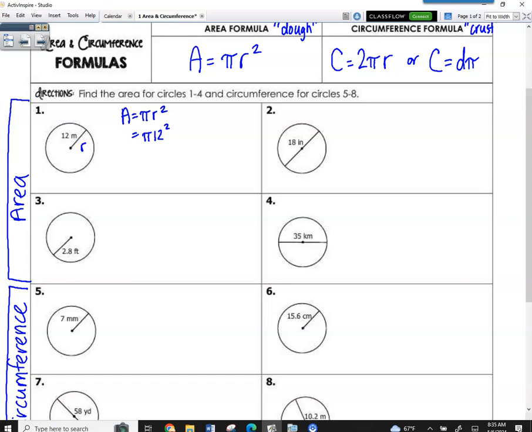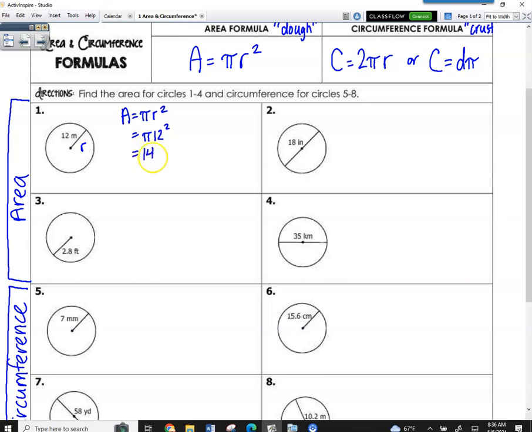In terms of pi, that phrase, in terms of pi, means you can see the pi symbol in your answer. It means that you never actually type the pi in the calculator. It means you can do this part in your head. You're just evaluating the numbers. What's 12 squared? 144.